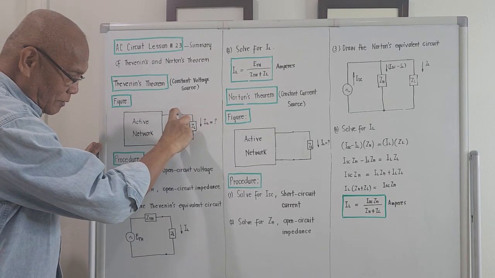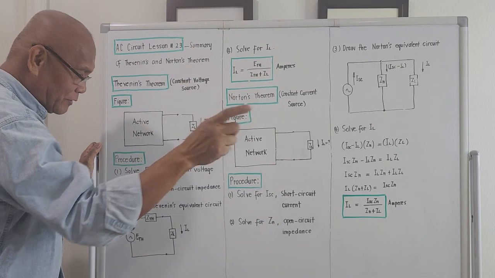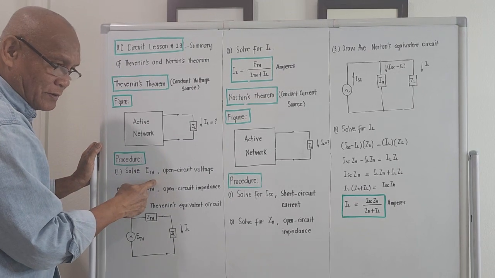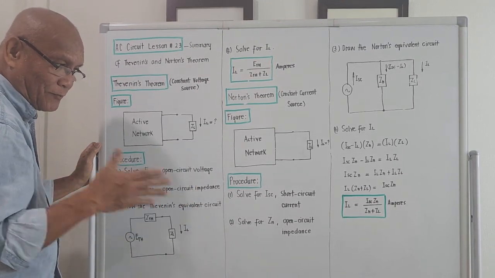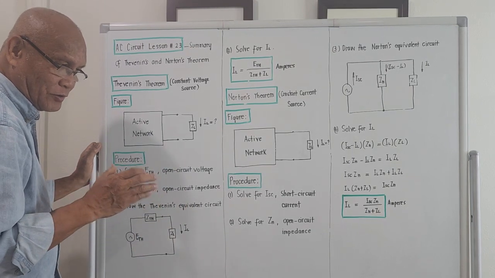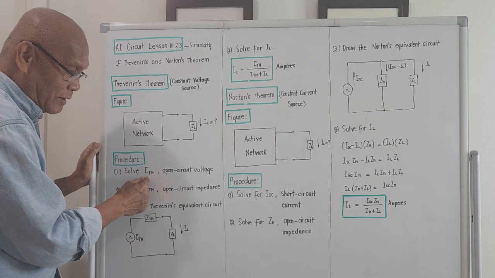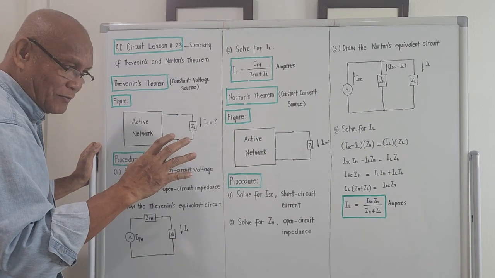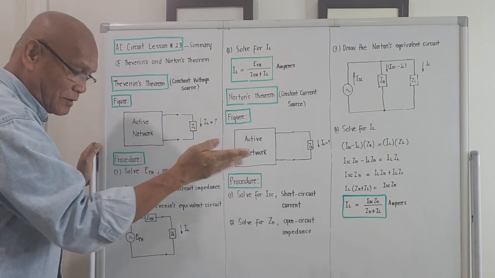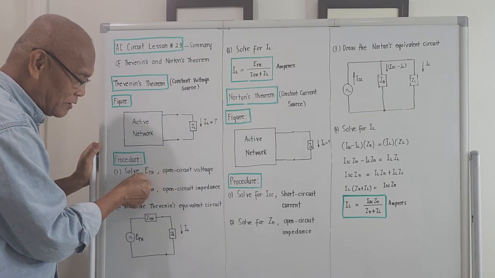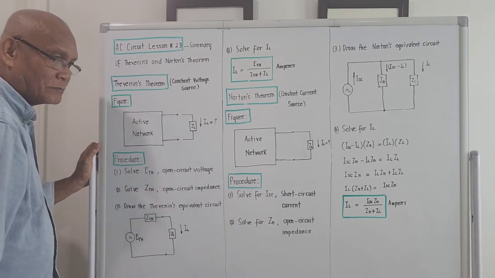If you measure the voltage here by using a voltmeter, that is referred to as ETH. Theoretically computing for it will be a problem for us engineers, right? Use your knowledge of Ohm's law and how to compute for this one. But by using the multi-tester, you just stop it here, and what comes out will be termed as ETH, the Thevenin's open circuit voltage.